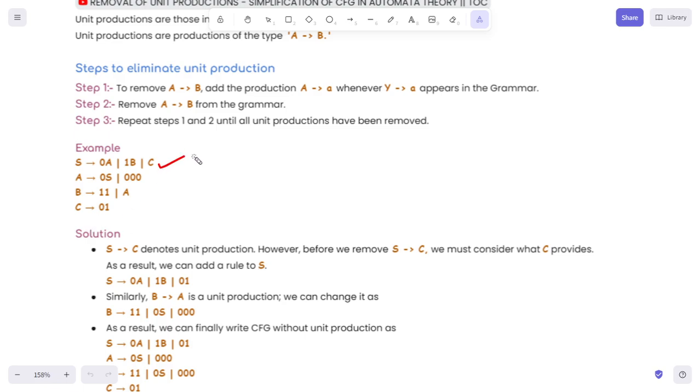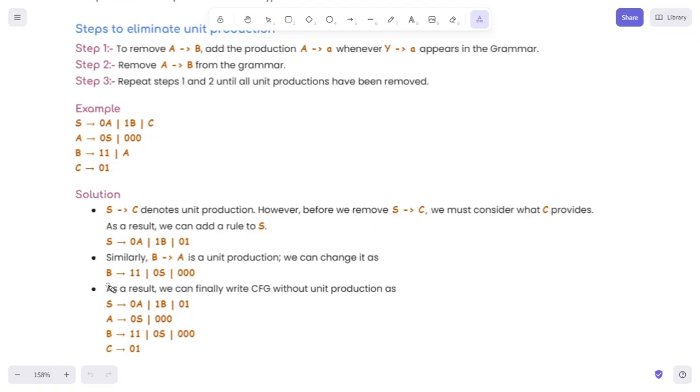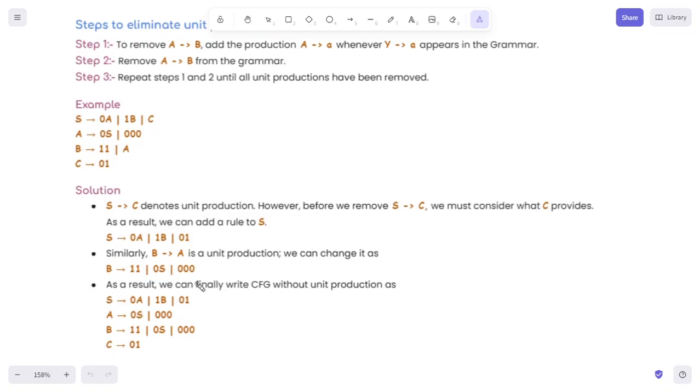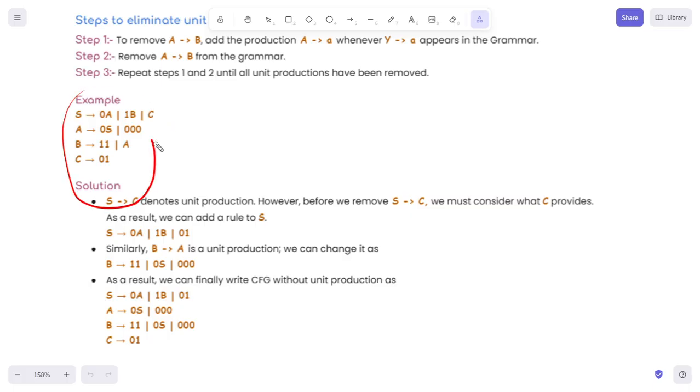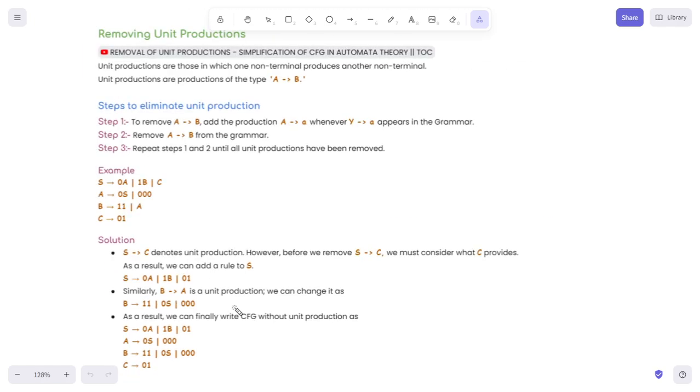So that is simplified. Now for B, which goes directly to A, we can put this whole production rule here. So this will also become a simplified one. So for this example, after replacing the two unit productions, for C and A, the final answer will be this, where 0, 1 is the production that we substituted here, and here this is the production we have substituted. So this is how we eliminate unit production.